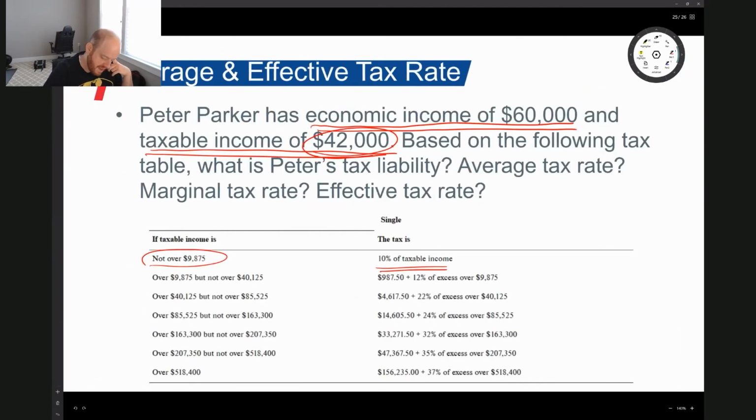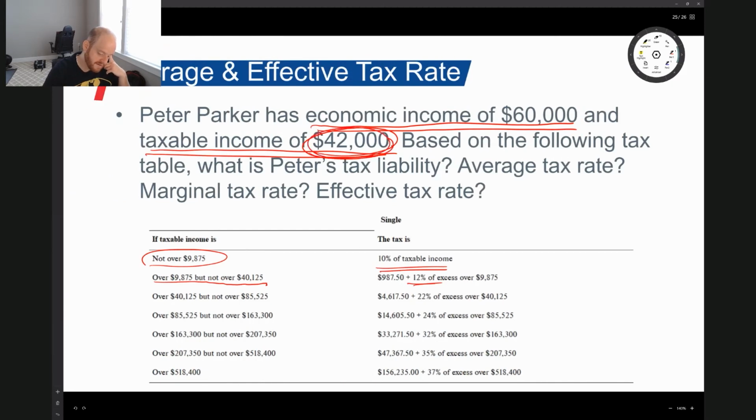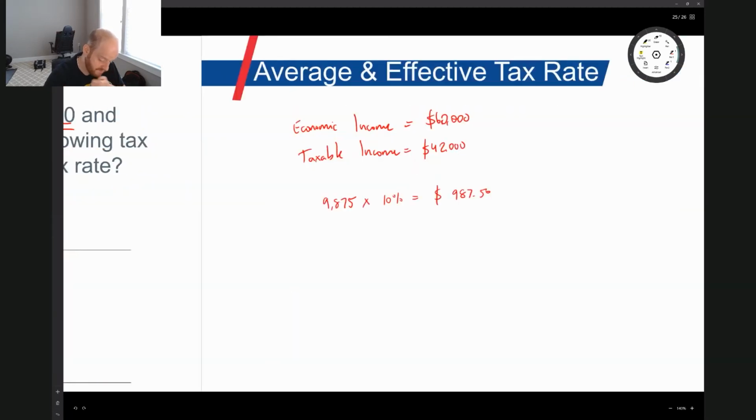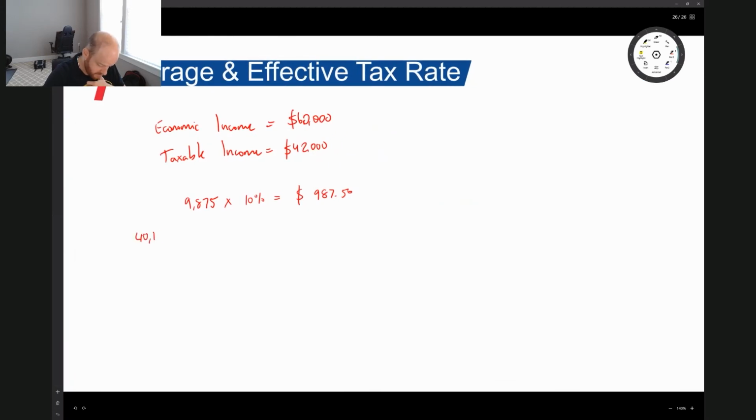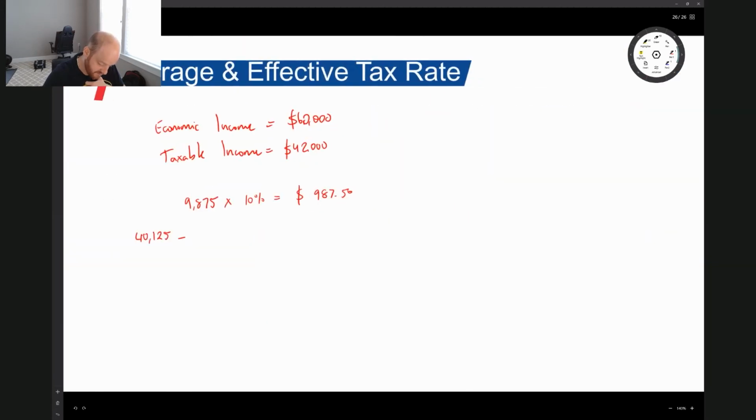Then we say anything over $9,875 but below $40,125 is going to be taxed at 12%. So the way we would do this is, since Peter's taxable income is above $40,125, he is still subject to this bracket. So we would take 40,125 and subtract the lower boundary, which is 9,875.